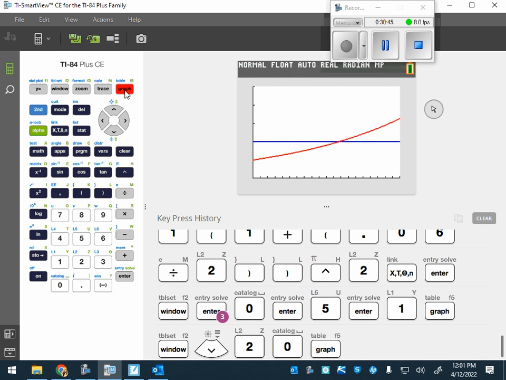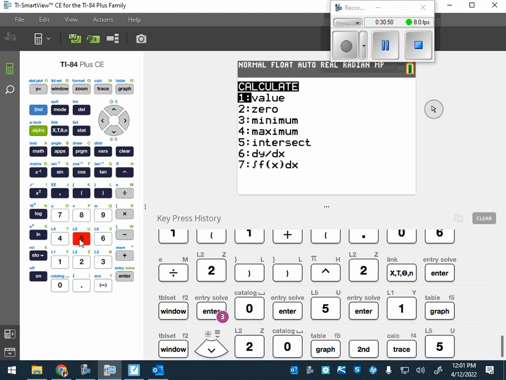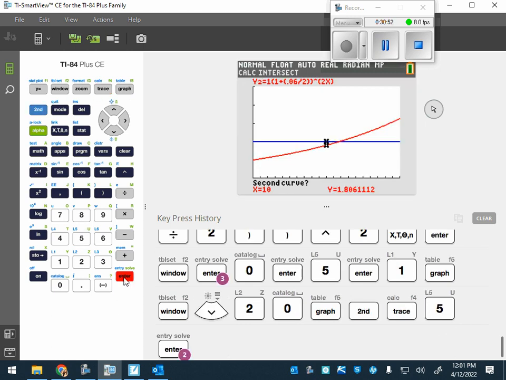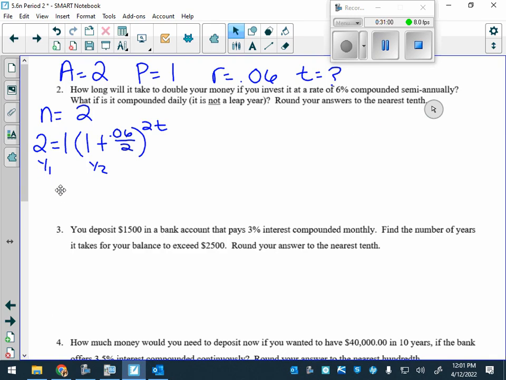Okay. Now that we see the intersection, we could do second trace, number 5, enter 3 times. So it will take about 11.7 years. It says round your answers to the nearest tenth. So 11.7 years to double our money, okay, if we're compounding semi-annually.